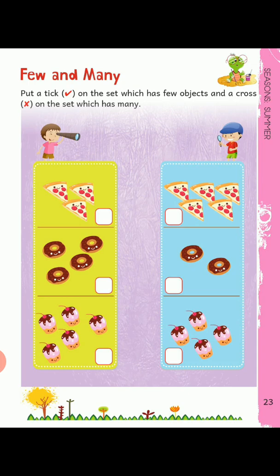Left side 3 pizzas and other side 5 pizzas. With 3 pizzas you cross here, and tick here. Now many pizzas there, cross here. Okay students, now you can take some toys and do this activity with the help of your parents.